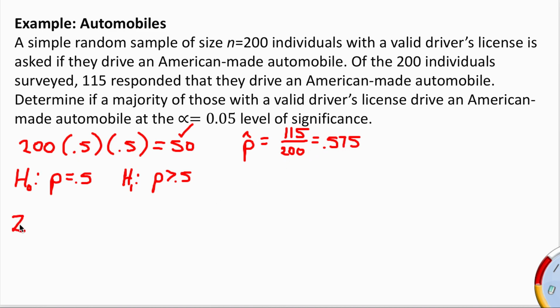All right, let's find our z value. 0.575 minus 0.5, divided by the square root of, remember we've got our formula, p times 1 minus p over n. Let's see what that is. 2.12.